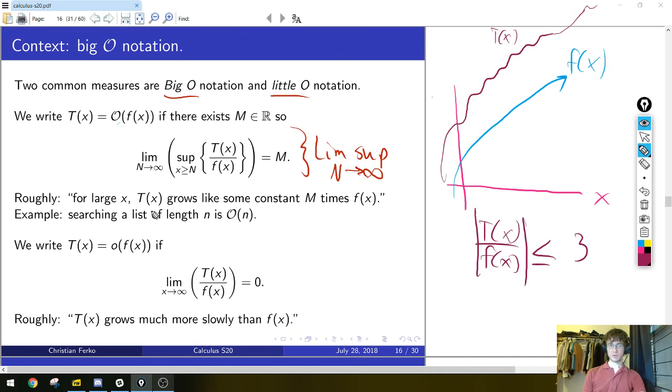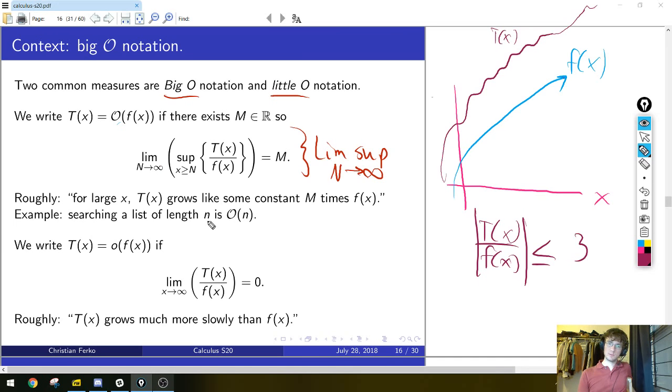Roughly speaking, this is saying the time it takes your function to run for large input is going to act like a constant times your comparison function f. That's what we mean. Very often people say, okay, searching a list of length n is big O of n. Why do we say that?